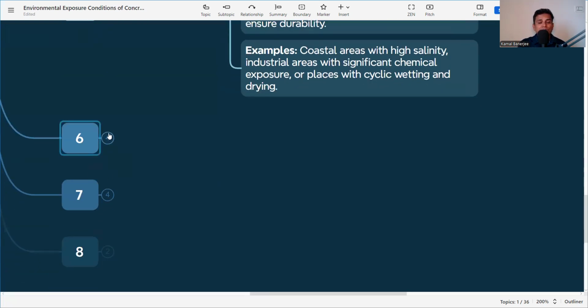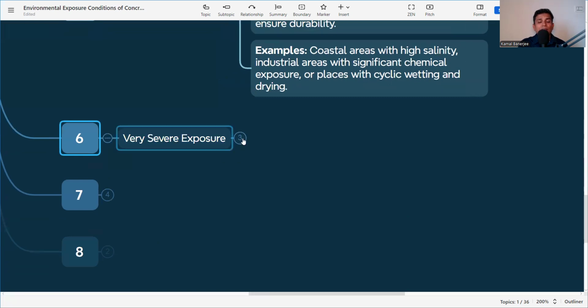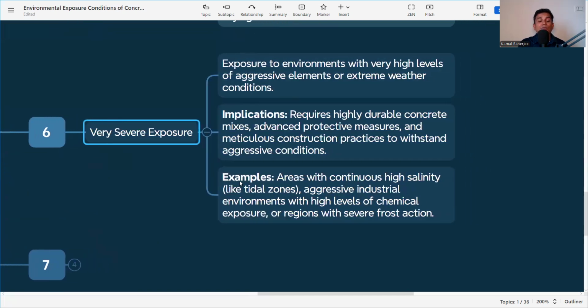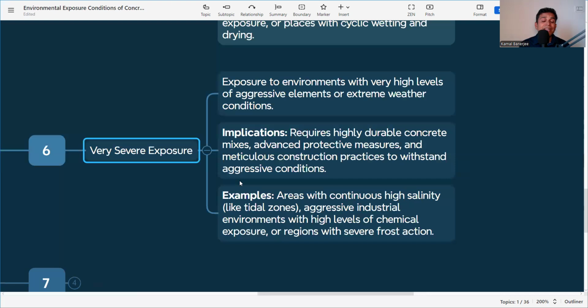Then the next condition is very severe. That means we can understand it is a higher degree of exposure, so more control is required. It is above the severe condition. What is happening? Exposure to environments with very high levels of aggressive elements or extreme weather conditions.